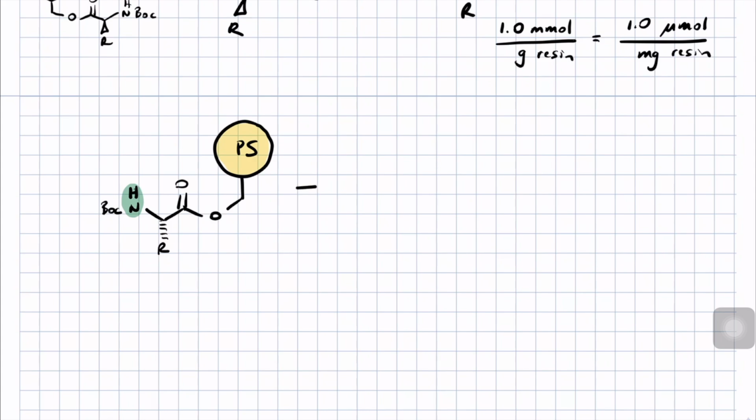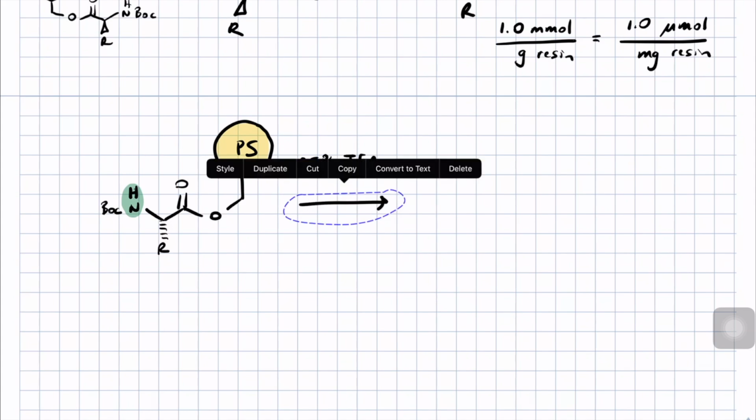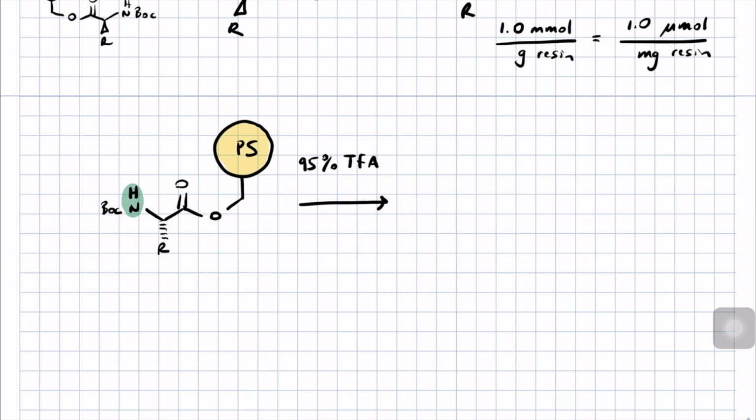Okay, so to do that, we could expose the resin-linked amino acid to 95% TFA in water. When you write 95% TFA, usually people assume you mean 5% water.